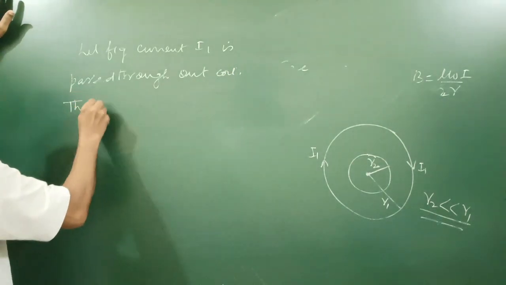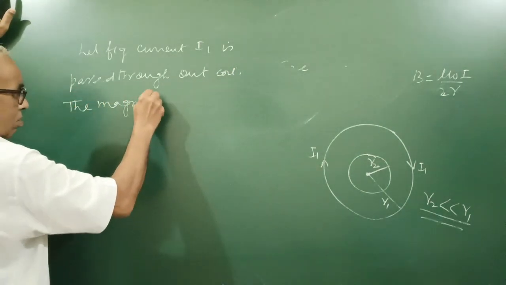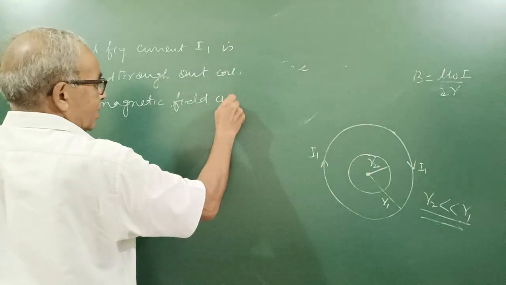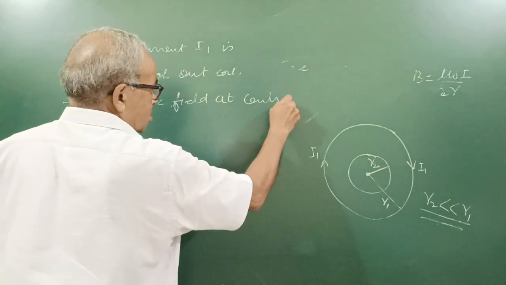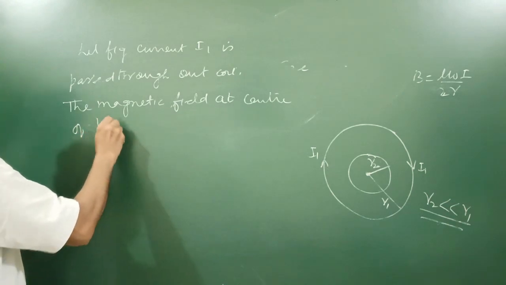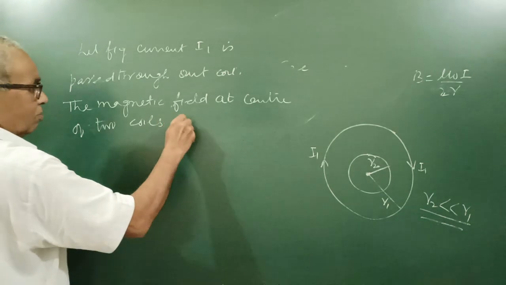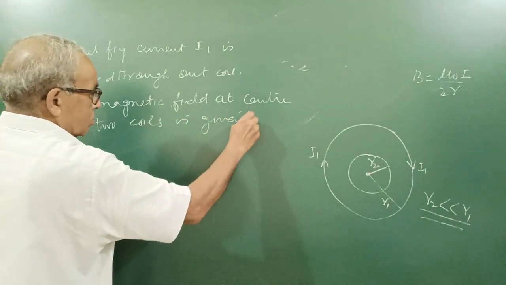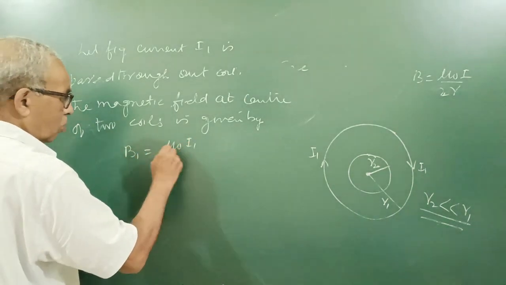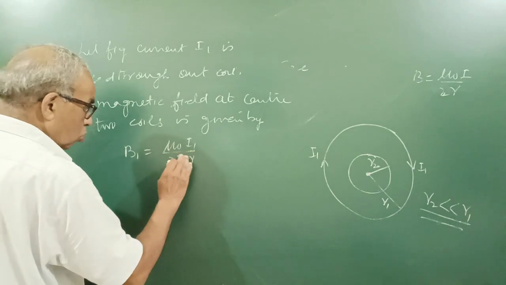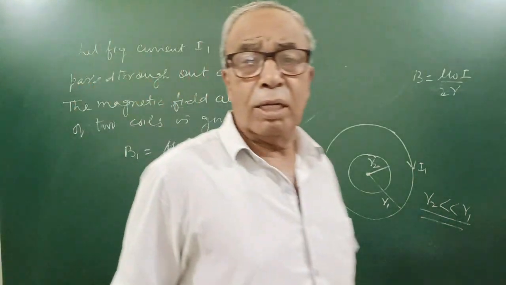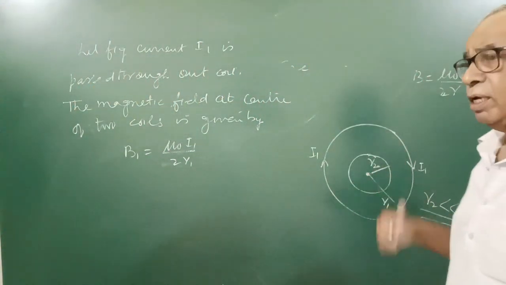The magnetic field at the center of the two coils, because they are concentric, is given by B1 is equal to mu 0 I1 upon 2R1. This formula is meant for the field at the center only.